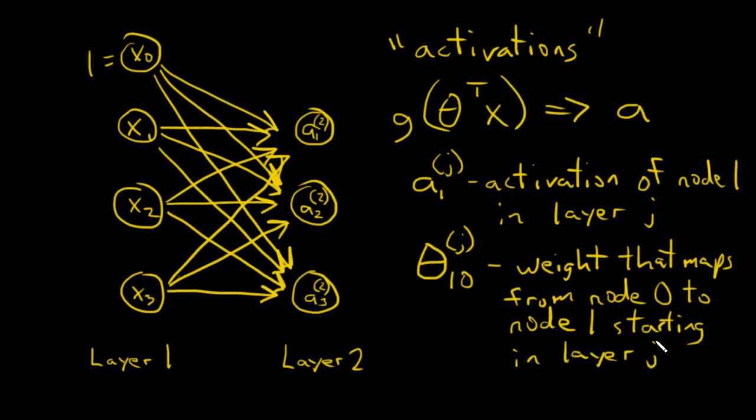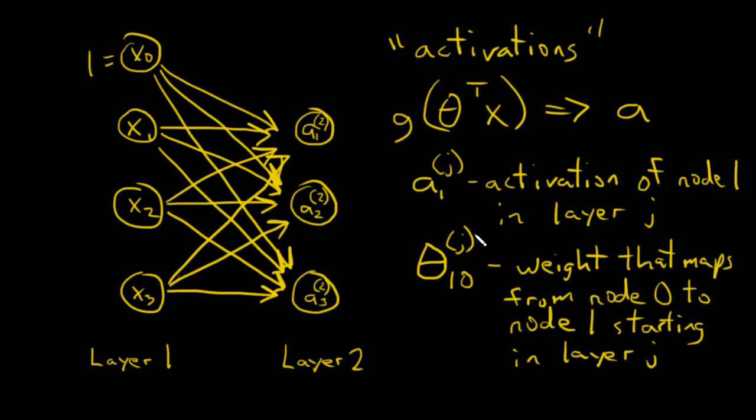Note that strange order. The zeros and ones come from which node they are vertically in the list. So it's the starting node to the finishing node, and the layer that the starting node was in is the j.